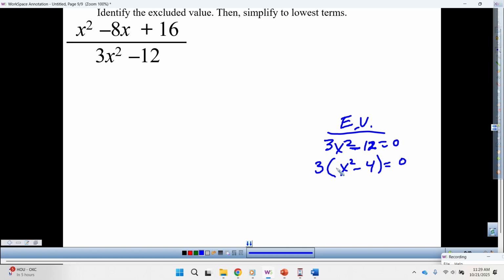However, can't we factor this in the parentheses? Let's check. Square root of x squared is x times x. What is square root of 4? 2 and 2. And since it's a subtraction, one of them is negative, the other one is positive, and all that equal to 0.